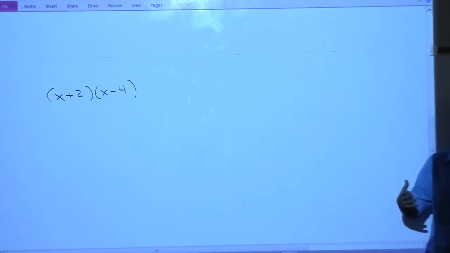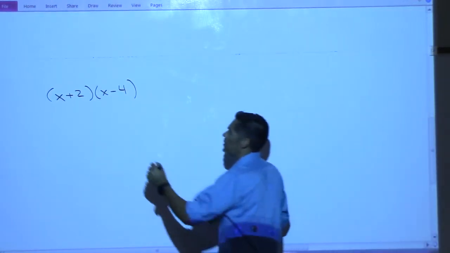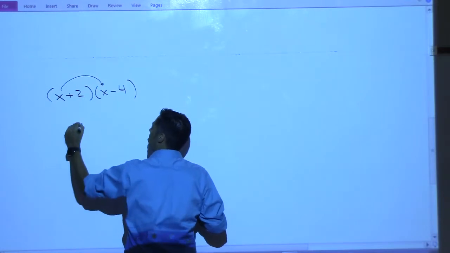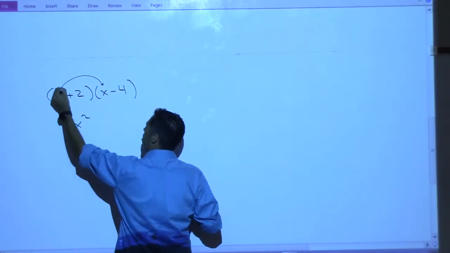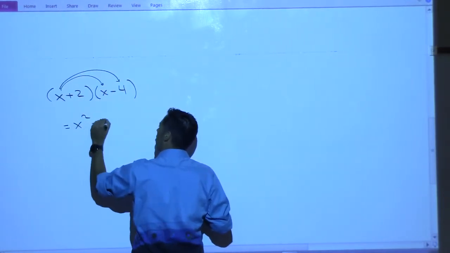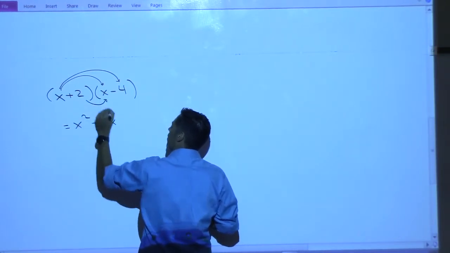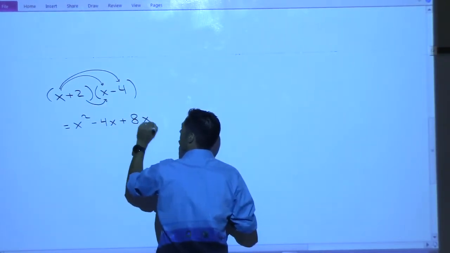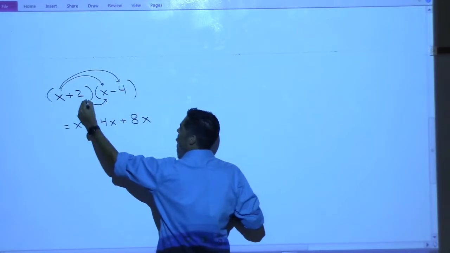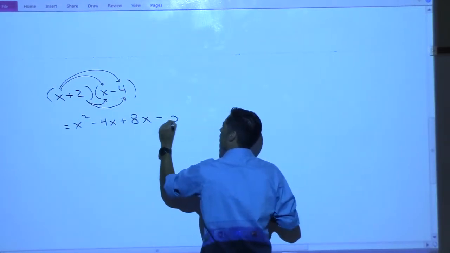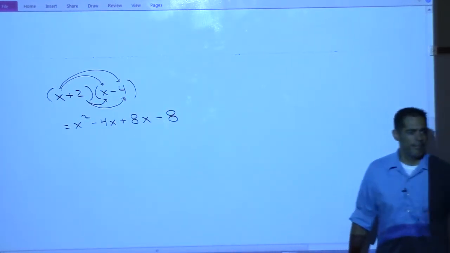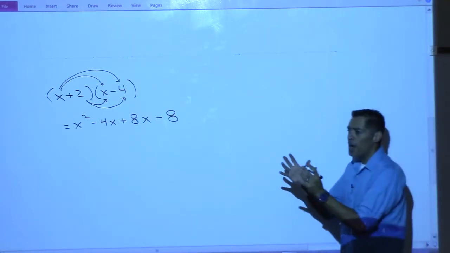I think everyone here is comfortable with the idea of doing the FOIL, right? Okay, so we'd multiply here to here, we get x squared. We multiply here to here, we get negative 4x. Here to here. Please keep an eye on my arithmetic today. When I'm tired, I make lots of arithmetic mistakes. Do y'all agree with that? And then we combine those middle terms.